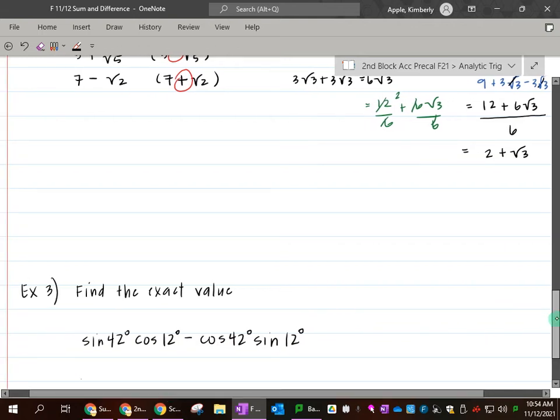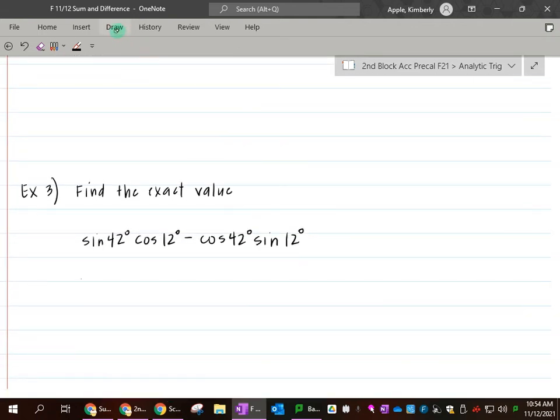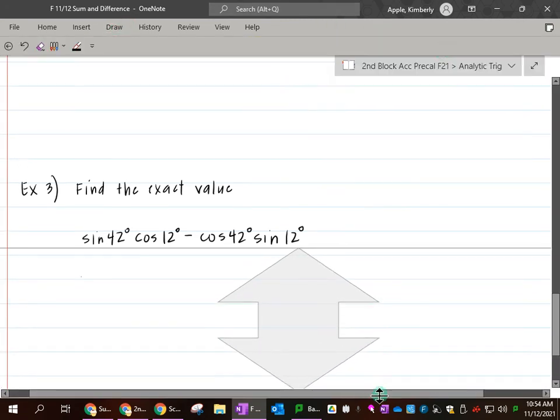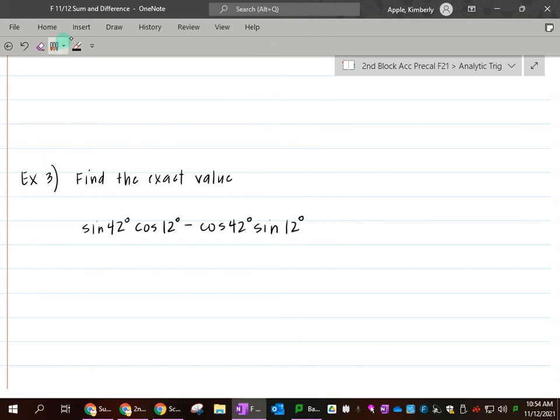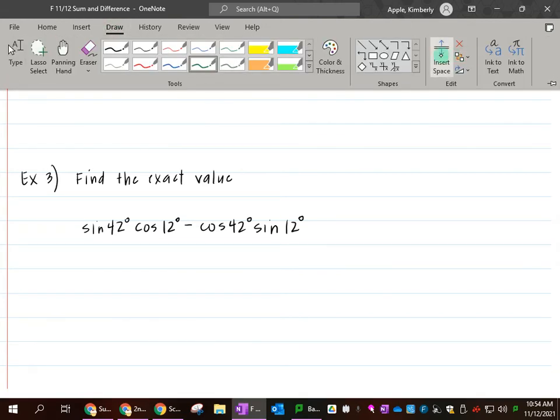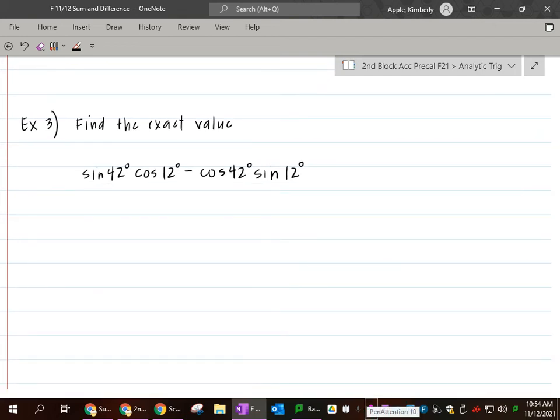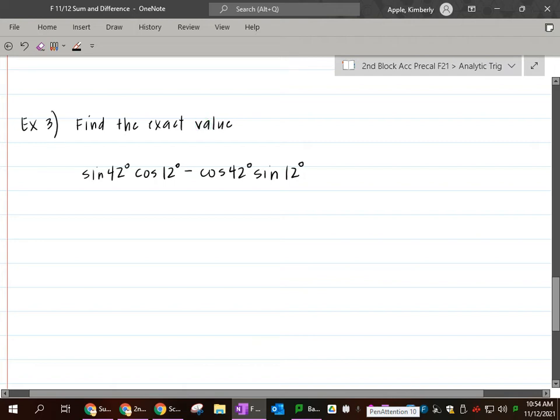Now that you are depressed, you can do it. It seems like so much, and I will do a couple more of those with you, just the simplifying part if you would like. I'll do that after these examples are over, so those who are comfortable can go ahead and start on their work. Okay. So example number 3 says, given this in black, find the exact value.